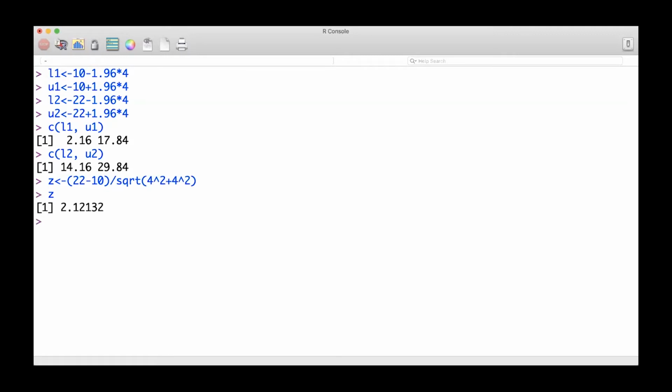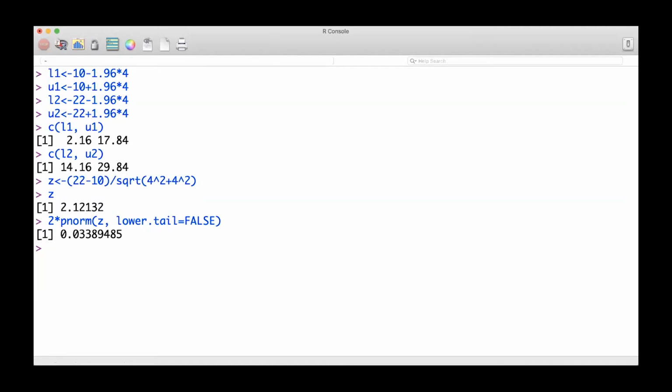The two-sided p-value can be calculated using our p-norm function. And that p-value would be 0.0339. Notice that we would reject the null hypothesis and conclude that these two means are indeed significantly different.